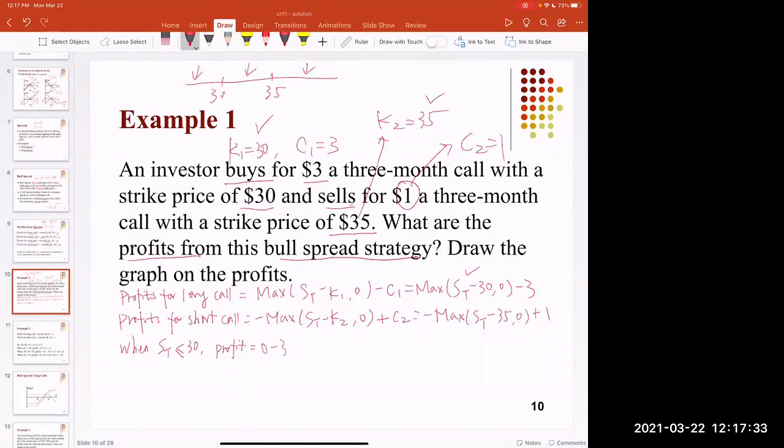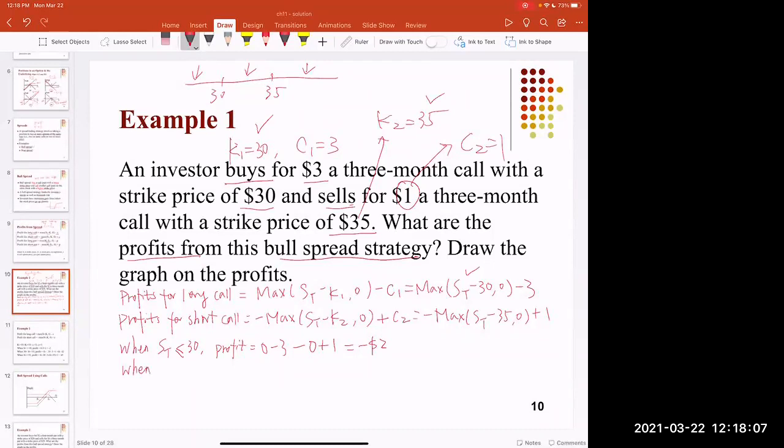That's for the long call. Then we consider the short call, minus the maximum of ST minus 35. With ST less than 30, ST minus 35 is again a negative value, right? So we take 0, which is the maximum value, plus 1. So the profit when the stock price is less than 30 would be negative $2, right? That's case 1.